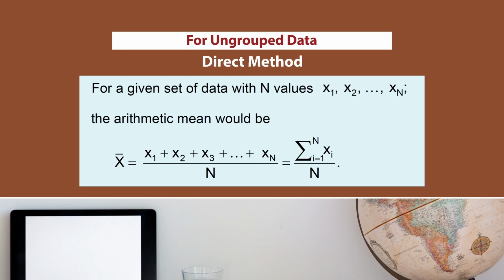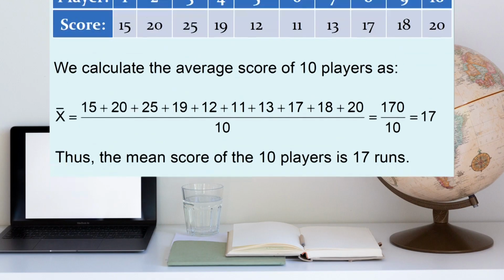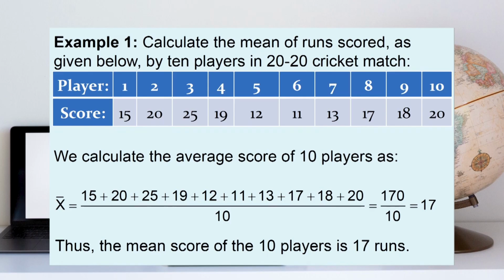Let us take an example to understand more clearly. If the run scores of 10 players are given over here, we can calculate the average score of the 10 players using the direct method formula.